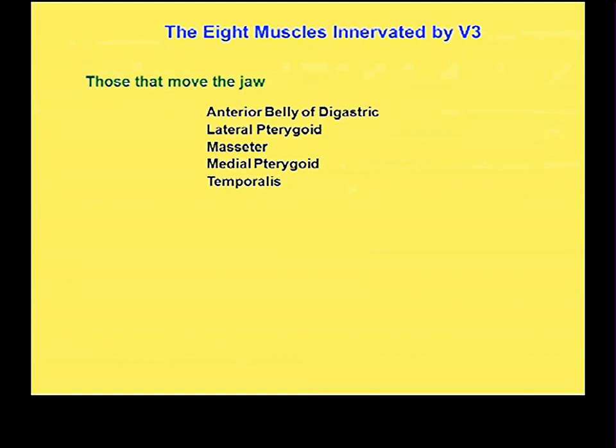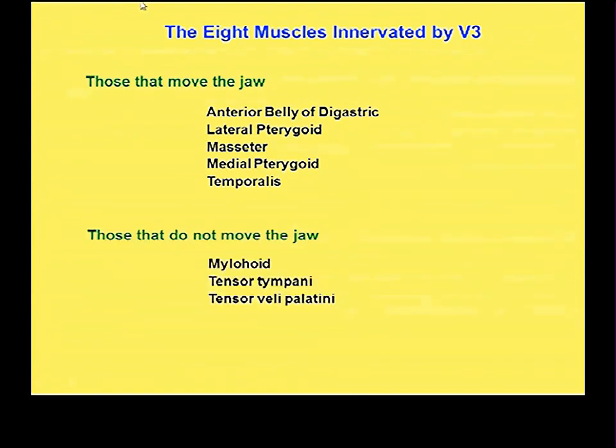And it innervates 8 muscles. There are 5 that move the jaw: the anterior belly of digastric, lateral pterygoid, masseter, medial pterygoid, and temporalis, just put here in alphabetical order for no other logic. And then there are 3 muscles that it innervates which do not move the jaw.